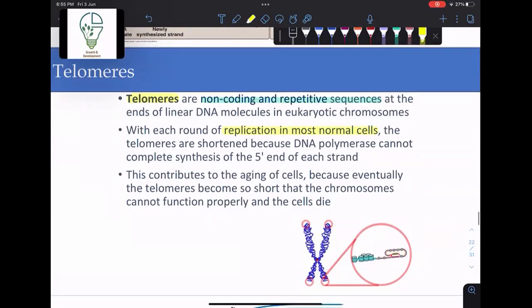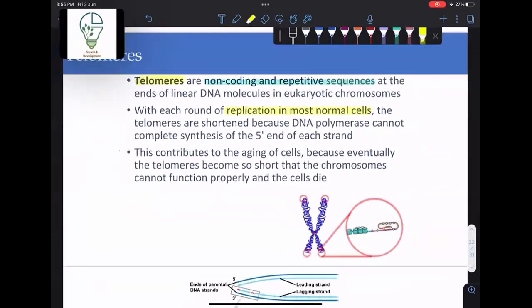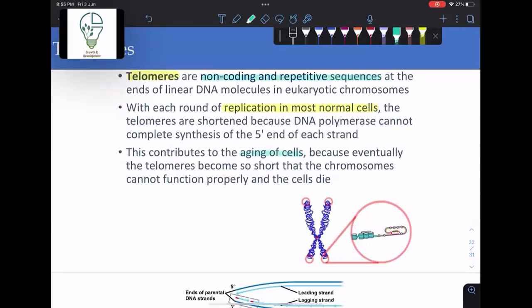This contributes to the aging of the cell, because with every round of replication, every time a cell in a person's body replicates, the telomeres get shorter and shorter. The function of the telomeres is to protect the DNA.